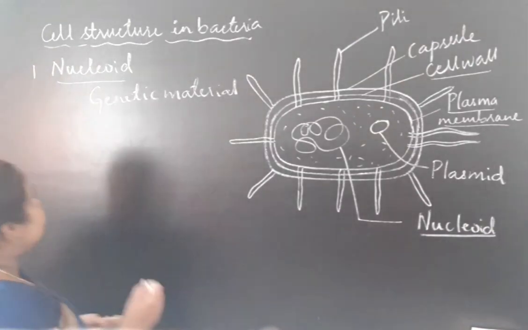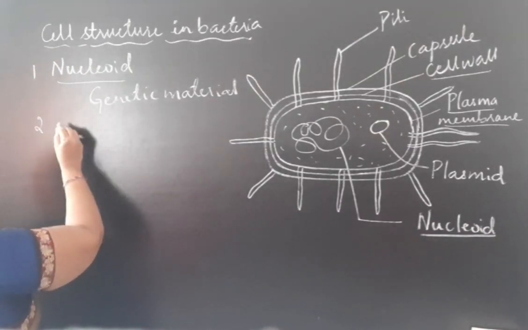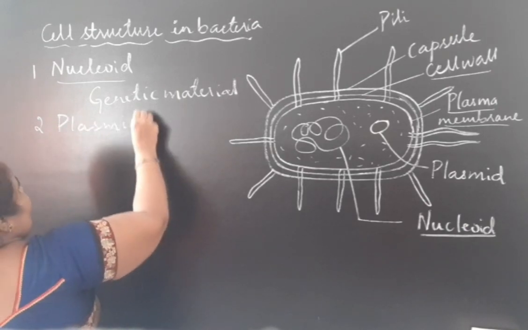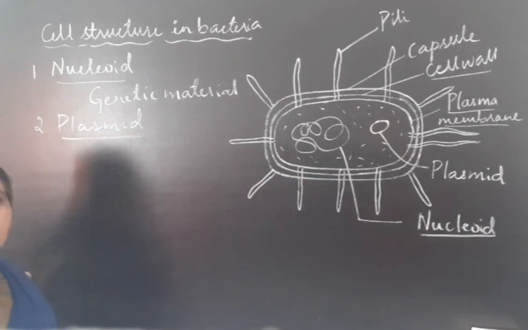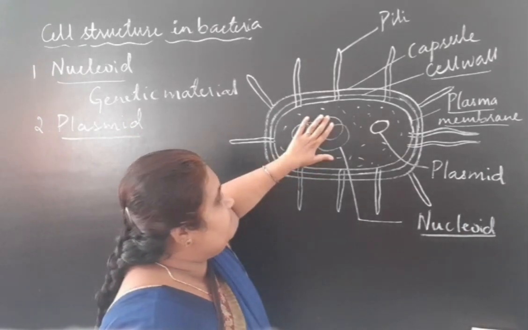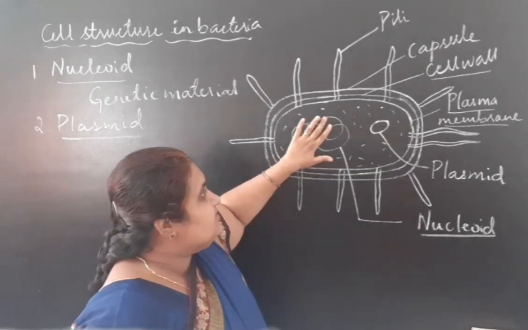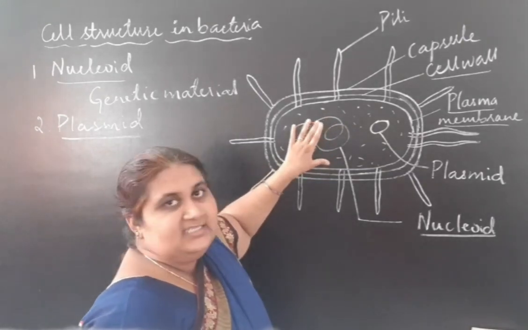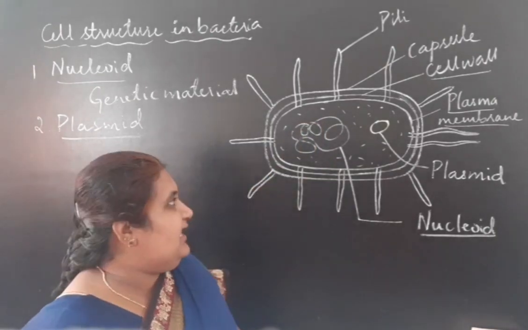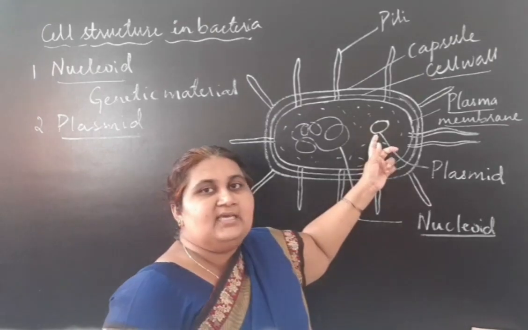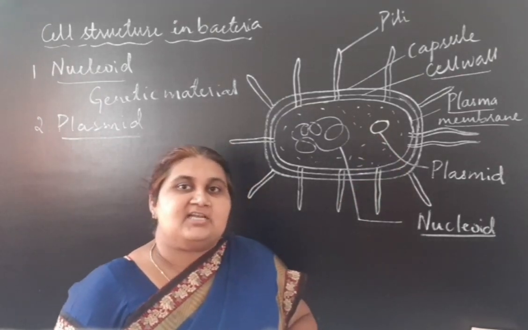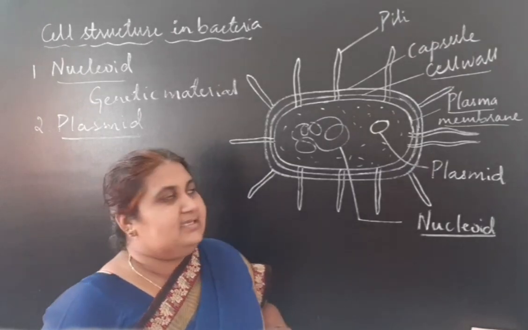And plasmid. Apart from the genetic material, the coiled genetic material which we call a nucleoid, there is one more DNA present within the cytoplasm, extra chromosomal DNA.